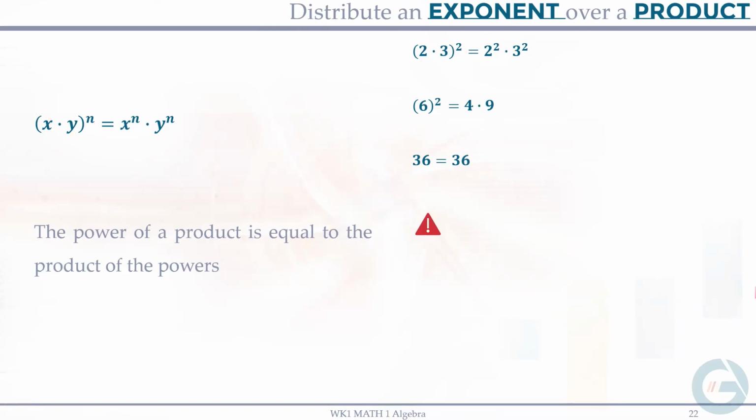For example, we have 2 plus 3 squared, which is not equal to what we get if we distribute that exponent 2, let's say 2 squared plus 3 squared. So 2 plus 3 is 5 squared, which is not equal to 2 squared, which is 4, plus 3 squared, which is 9. So 5 squared is 25. 4 plus 9 is 13. So they are not equal. Okay, so the same applies with subtraction.